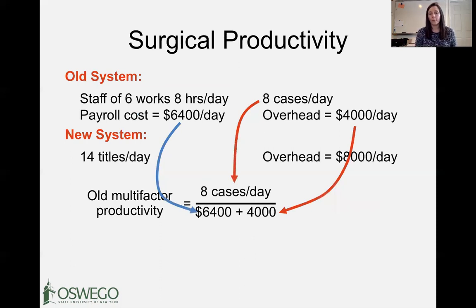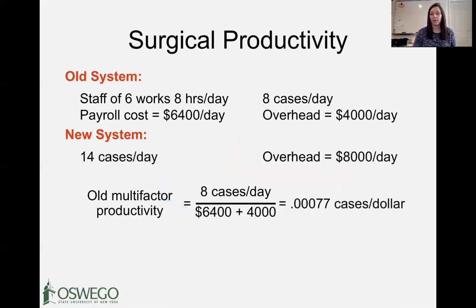So if we look at multi-factor productivity for the current way, the procedures before the Da Vinci machine, you had 8 cases per day, and you were dividing that by your payroll cost of $6,400 a day plus that overhead of $4,000 a day. That would give you a multi-factor productivity of 0.00077 cases per dollar, right? So for every dollar, you're not getting a whole lot. It costs a lot to make one of these cases happen.